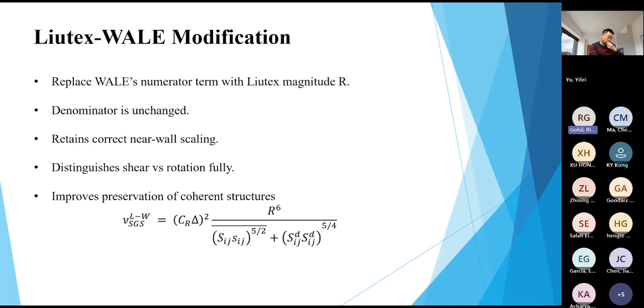This is the formula that we used, where CR is the Liutex WALE constant and R is the Liutex magnitude. Other terms are the same as defined in WALE. This retains near-wall scaling, distinguishes shear from rotation, and suppresses viscosity in vortex cores.